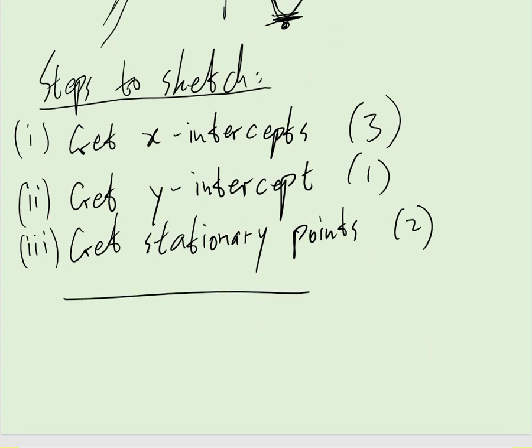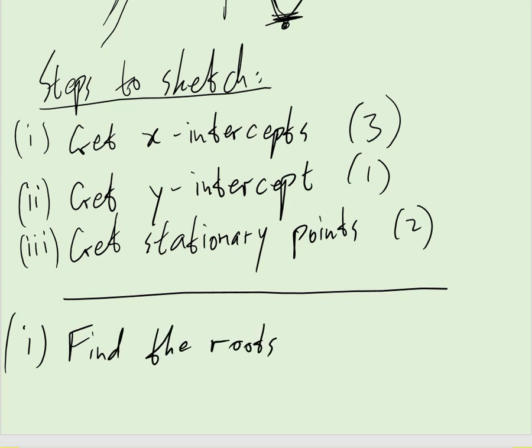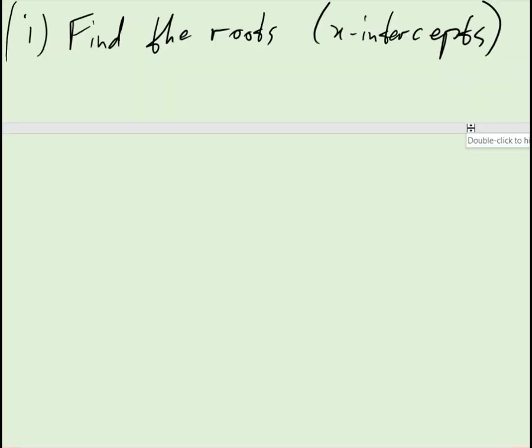So let's start with number 1, find the roots or x-intercepts. Now to find these x-intercepts, we need to solve for x where f of x is equal to 0.